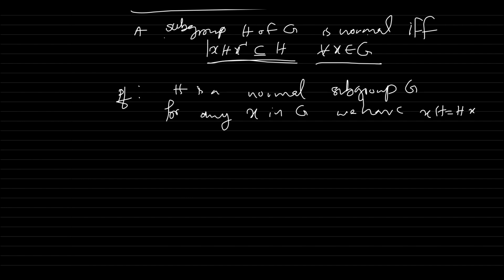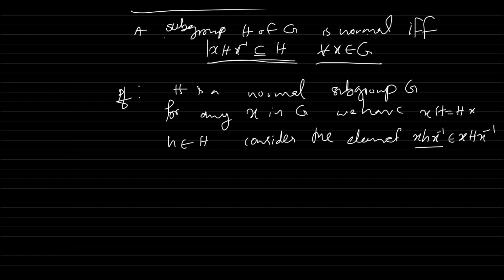For any x in G, we have xH equal to Hx, and we need to prove this inclusion. For that, let h belong to H and consider the element xhx inverse in the set xHx inverse.